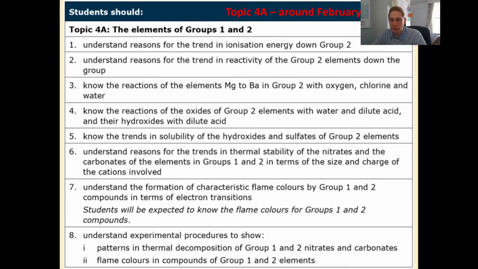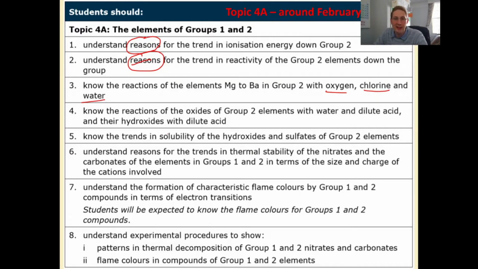You need to understand reasons for the trend in ionisation energy down Group 2. You need to understand reasons for the trend in reactivity down the group. Know the reactions of the elements magnesium to barium in Group 2 with oxygen, chlorine and water. Know the reactions of the oxides of Group 2 elements with water, dilute acids and their hydroxides with dilute acid.